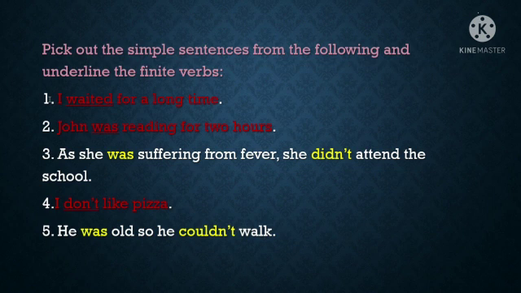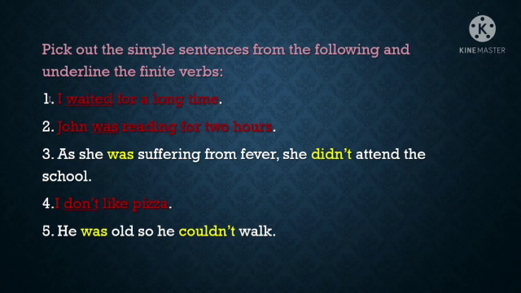He couldn't walk becomes a main clause. And these two main clauses are combined with the coordinating conjunction so. So this is a compound sentence. Is it clear, students? Two main clauses combined with a coordinating conjunction is called a compound sentence.